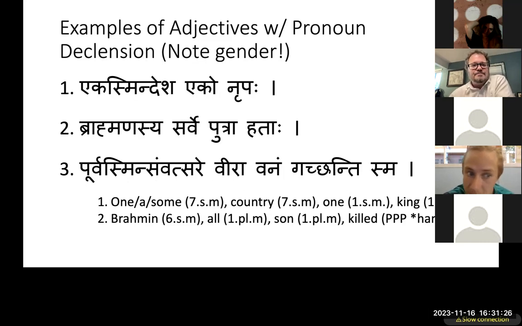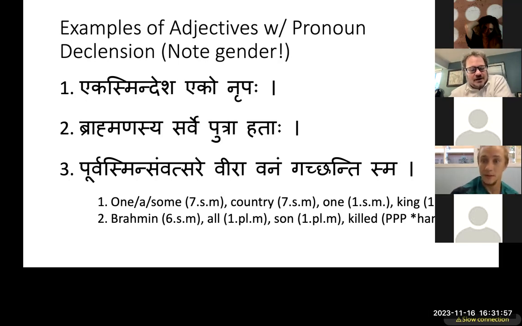And purva means before. So you have purva samvatsara, purvasmin samvatsare, both in the locative. And this is a locative that tells duration. So before a period of a year.